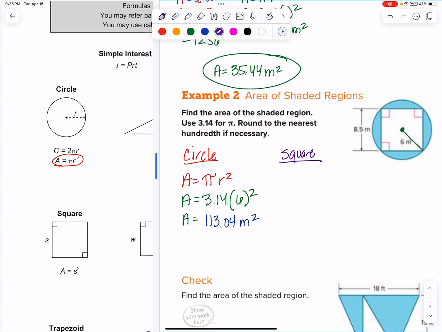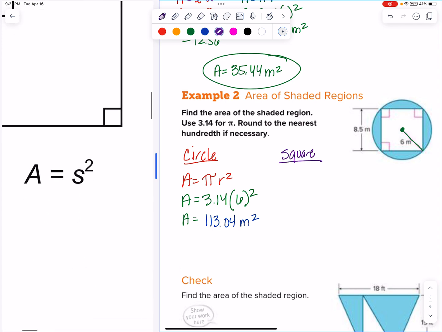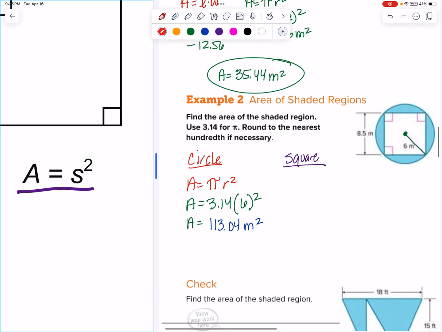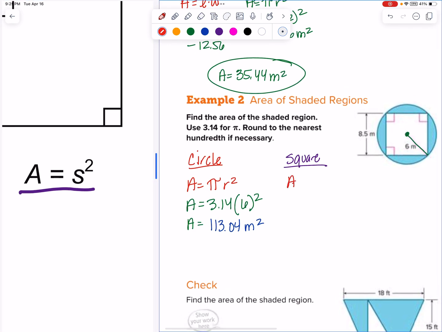We know the formula for a square is area equals each side squared. Let's set this one up. Area equals side times side, or side squared, however you want to put it. It doesn't really matter. So S squared.